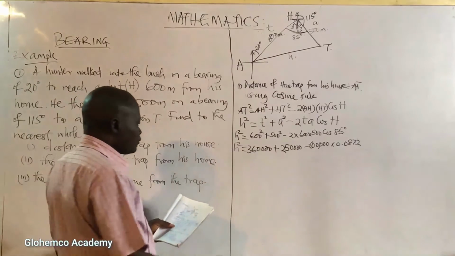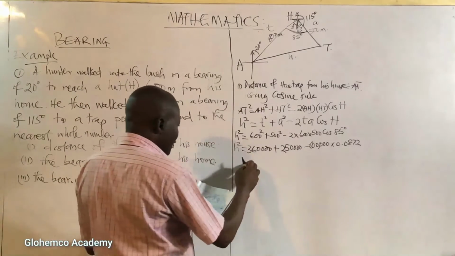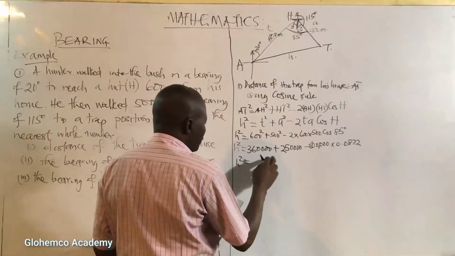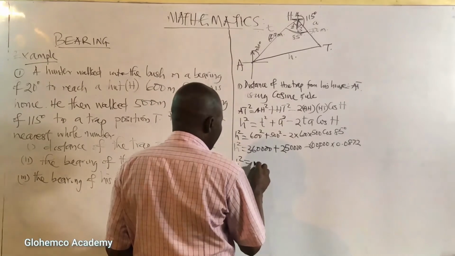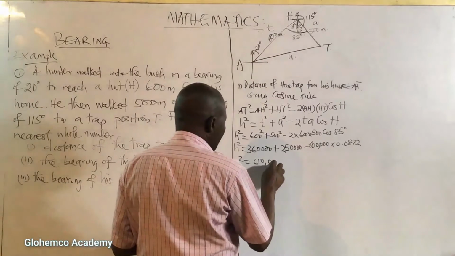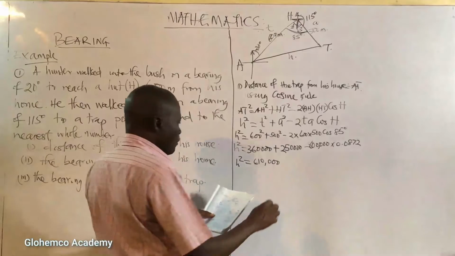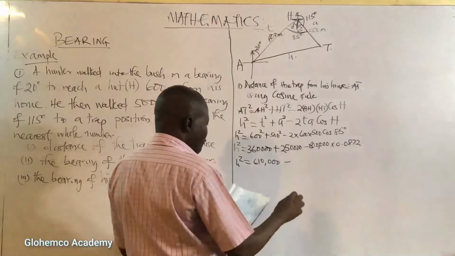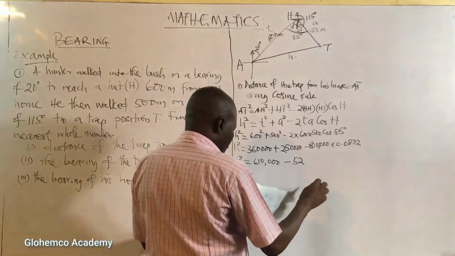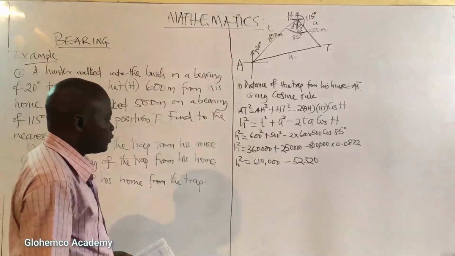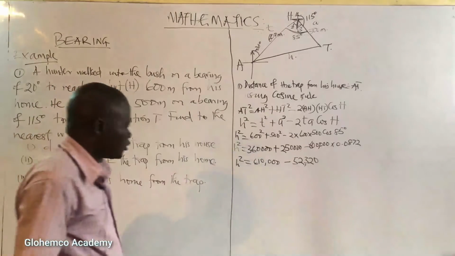By the time we added this together, 360,000 plus 250,000 will give us 610,000, okay, minus, by the time we multiply this 600,000 by this, we arrive at 52,320.